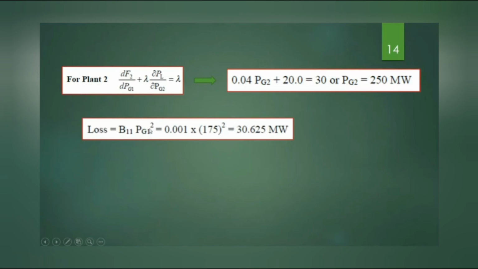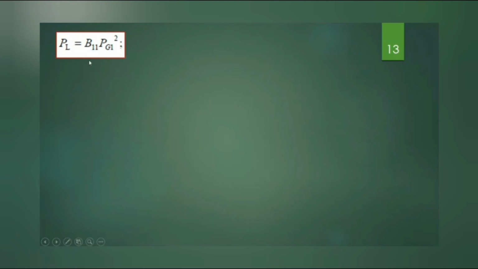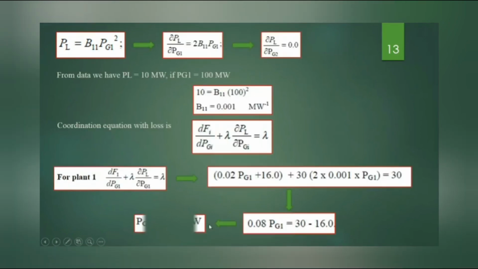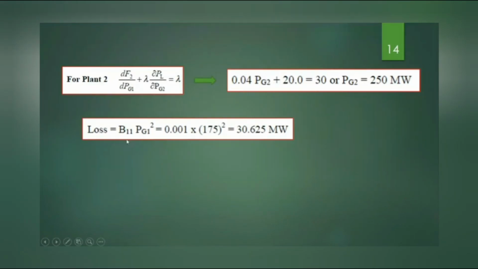So losses PL equal to B11 Pg1 square, right? We use this equation for finding the new losses because now our generator Pg1 has changed. Initially it was 100 megawatt, and at that time 10 megawatt losses. Now our generation is 175 megawatt. So new losses equal to B11 Pg1 square, equal to 0.001 into 175 square.